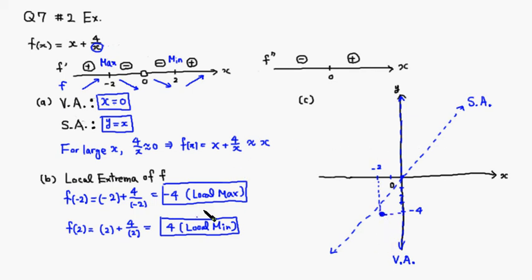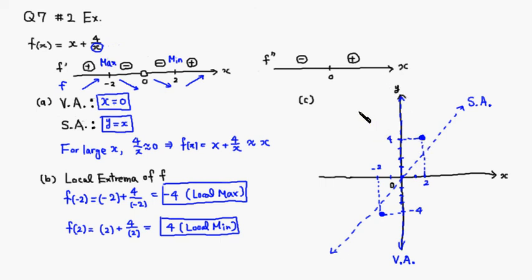And also 2, 4, that's the local minimum. So here is our 2, so go up 1, 2, 3, 4. That's where our local minimum is. Place a dot.